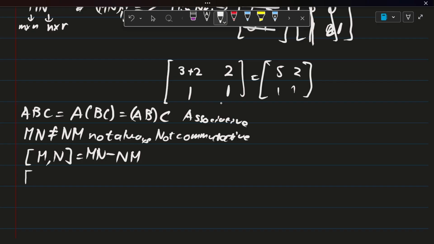There is also another type which is called the anti-commutator, which is MN plus NM. It's similar, but we normally use the top definition to define if something is commutative or not, in which this would equal 0 for commutative.